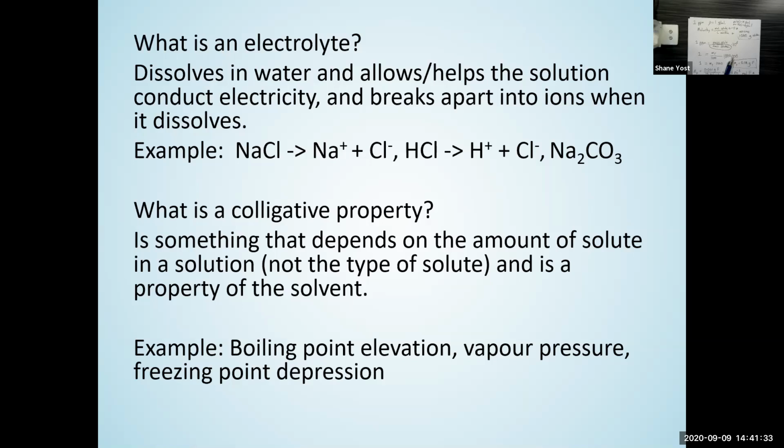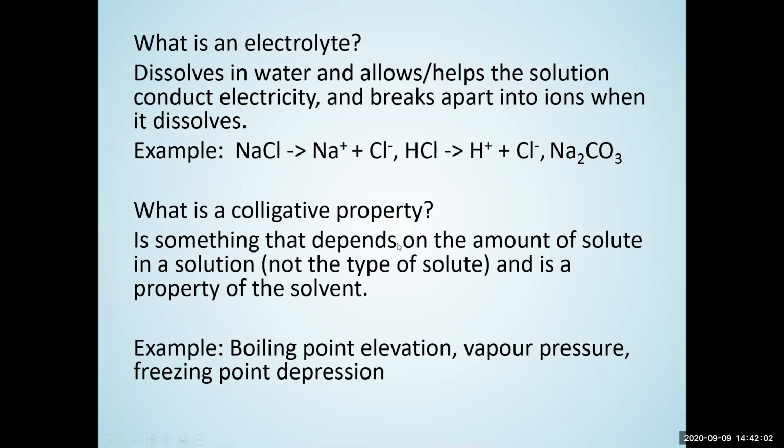It has to break apart the ionic bonds. So in sodium carbonate, the sodium and the carbonate ions are ionically bound to each other. Those will break apart in the solution into separate ions, but the carbon-oxygen bonds in carbonate are covalent, and those aren't going to break apart in solution ever. Yeah. Okay, thank you.